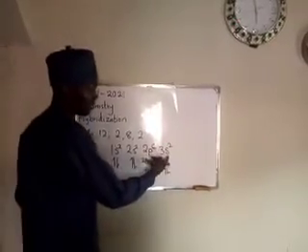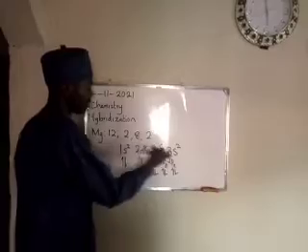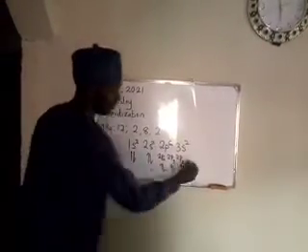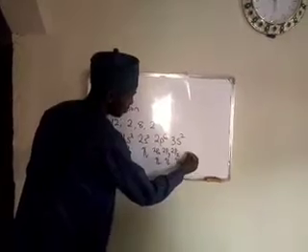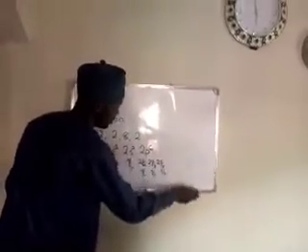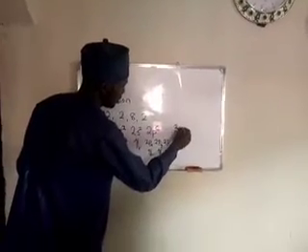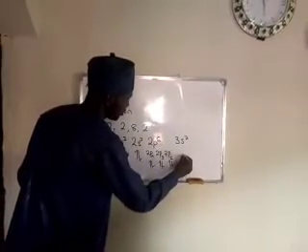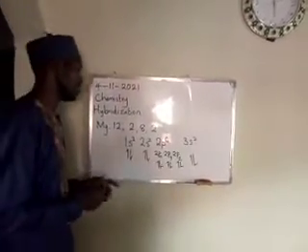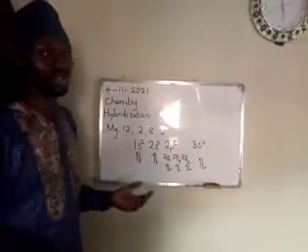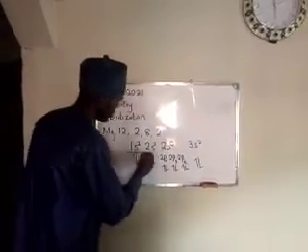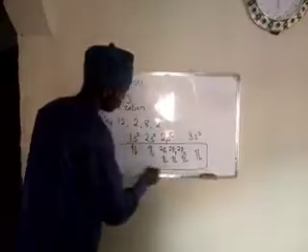Then the last orbital for this element is 3s, which is having 2 electrons, which will be like this. So if you are asked to write the hybridization of magnesium, this is what you are expected to write.